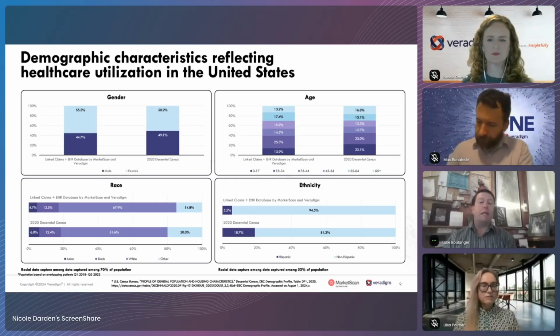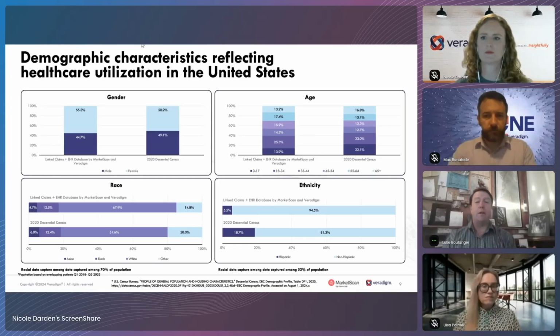Slightly more females are in the link set versus the general U.S. population. You'd expect that. You see that across a lot of clinical data sets, and we also see it in MarketScan, especially as people age. The age groups are fairly similar. We see more working-age people, as you would expect in MarketScan, because these are commercially covered folks from large self-insured employers.